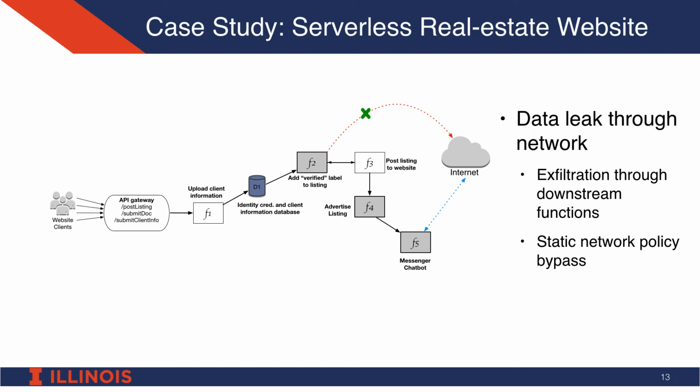For example, they have the messenger chatbot and they can send the customer credentials to their own messaging account through that messenger chatbot function, which is F5. So, this way they can bypass the static network policy and exfiltrate information through valid API calls using downstream functions. So the data will travel from F2 to F3 to F4 and F5 and then finally to open internet.